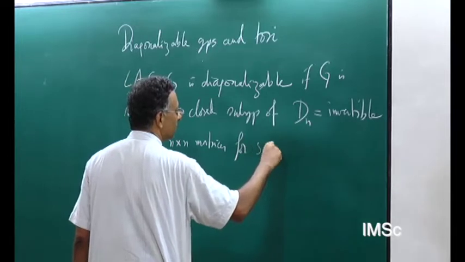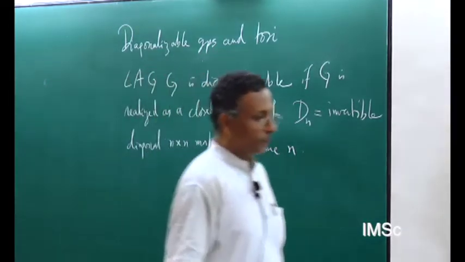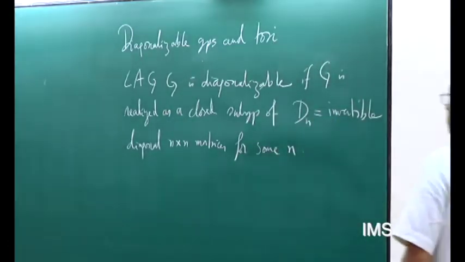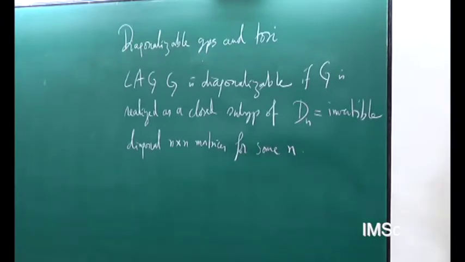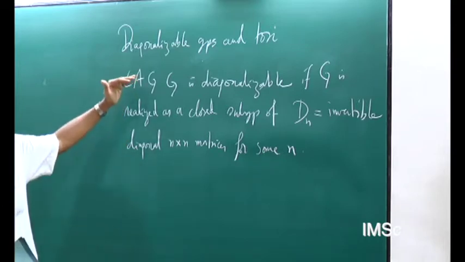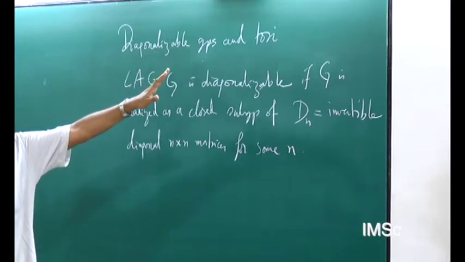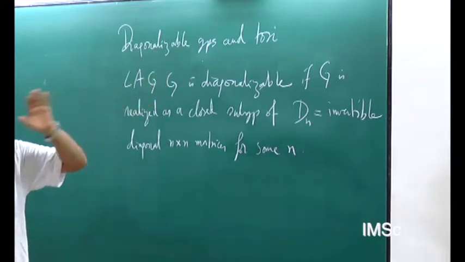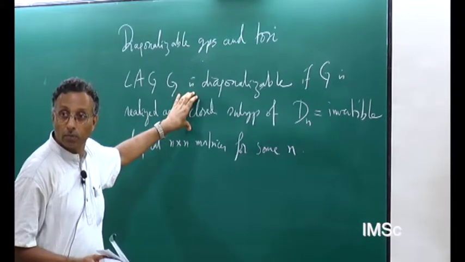So that is the definition. And then we defined characters, and the reason why we need Dedekind's lemma is that it is crucial to us in the study of diagonalizable groups and of tori. So this is our definition of a diagonalizable group.